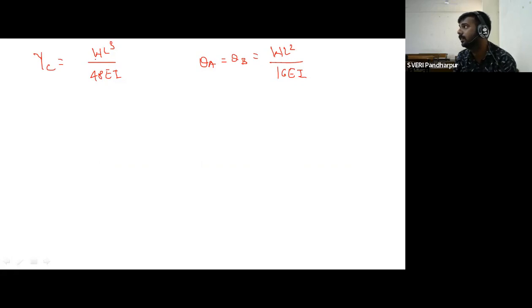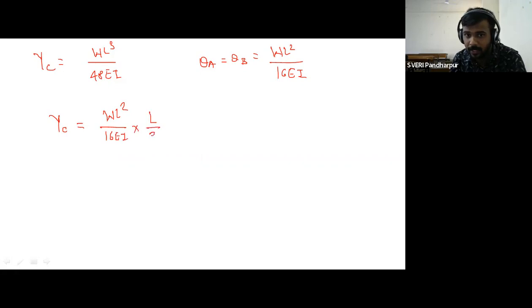YC is equal to WL cube upon 48 EI. हा फॉर्म्युला मी असा लिहू शकतो, WL square upon 16 EI into L by 3. Possible to write?